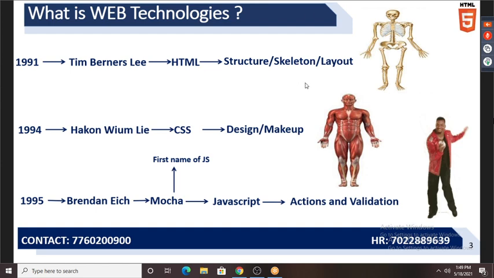If you think, sir, we can develop with WordPress, Drupal or other tools like Maya, everything in the backend is written in HTML and CSS code only. No other technologies. From the time they were introduced till now, we have the same technologies. Clear?